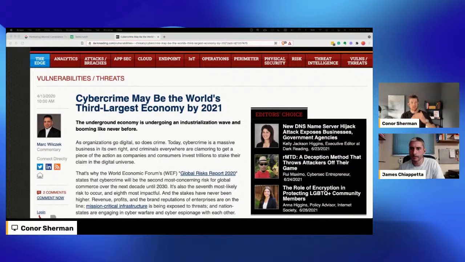How do they get that number? You take the GDP of all the countries out there according to the World Economic Forum, you look at the cost of cybercrime, and you figure out where on that sliding scale it matches. It's kind of insane, but we're in a world now where cybercrime is the third largest GDP in the world, and we're still stepping up to it as a security community and trying to figure out how to get our hands around it.